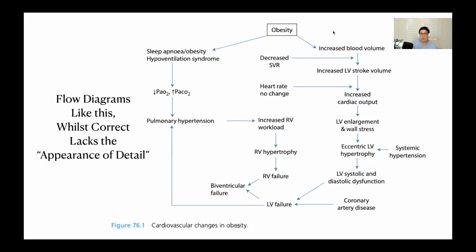So we know that increased fat, increased adipose tissue, does require that it increases your blood volume. But why is there a decrease in SVR? So these flow diagrams, whilst correct, don't really have that much detail to them, which is what the examiner was also pointing to. Okay.